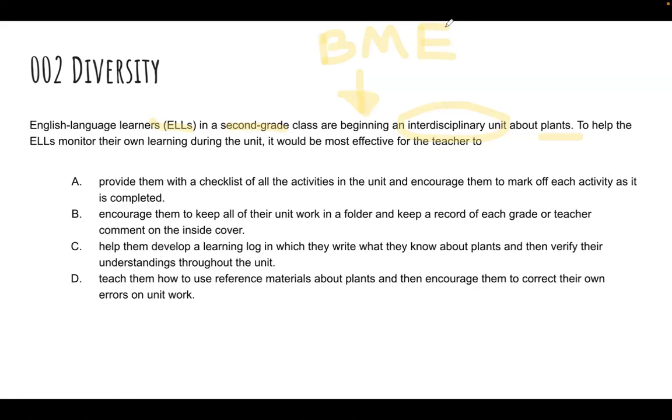So we have beginning, the interdisciplinary unit, and we want to help the ELLs monitor their own learning. This is the goal. I always want y'all to ask yourself to put the goal in your own words. The goal is for ELL students to monitor their own understanding in this interdisciplinary unit about plants in the second grade, which would be the best way.